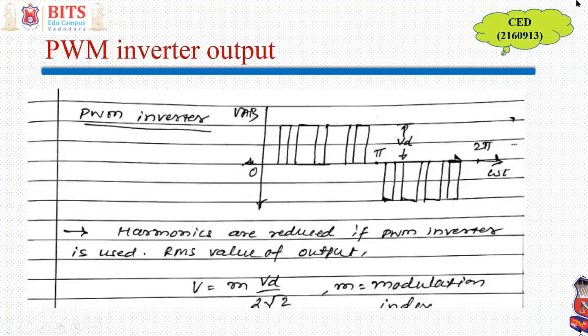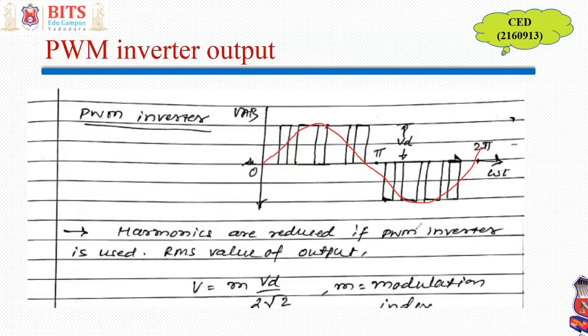If a PWM inverter is there, it will have output in this fashion. So this is the height of the pulse, called VD, and the RMS value of this AC will be given by M into VD divided by 2 √2, where VD you already know is the DC voltage.